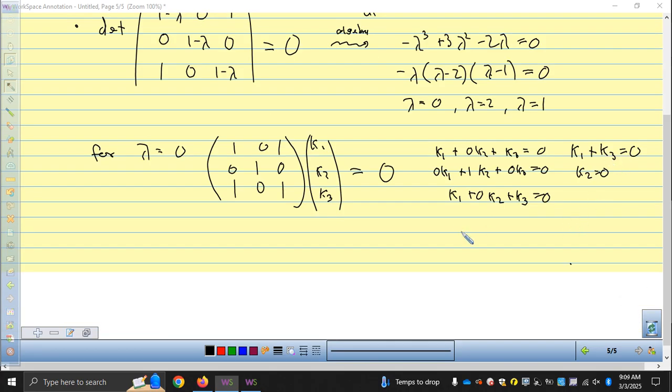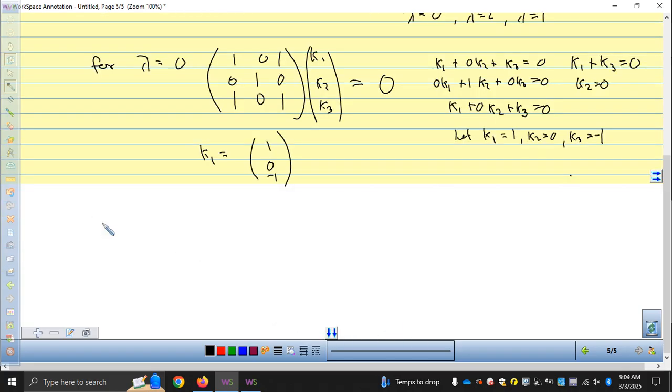So I'm going to let k1 equal 1, k2 equal 0, and k3 equal negative 1. So our eigenvector is 1, 0, negative 1.